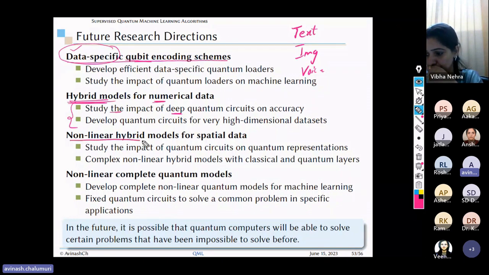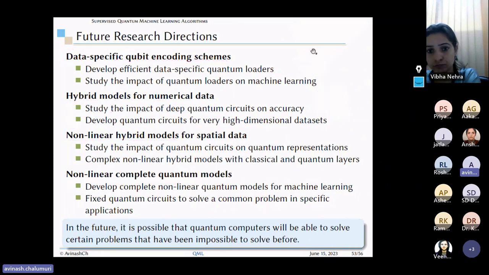Nonlinear hybrid models and nonlinear complete quantum models are also good research topics. By nonlinear complete quantum models, I mean that instead of using a convolution layer, pooling layer, and quantum layer, you use all quantum layers, but specific to solving a particular problem.